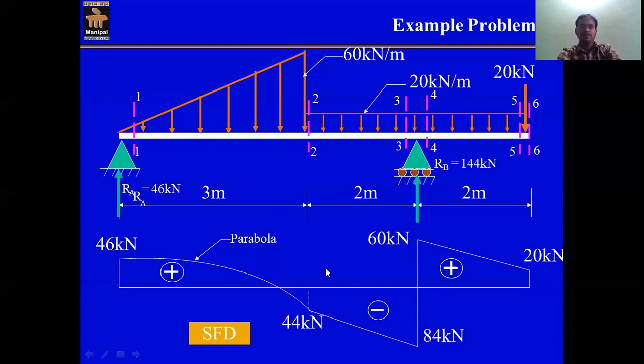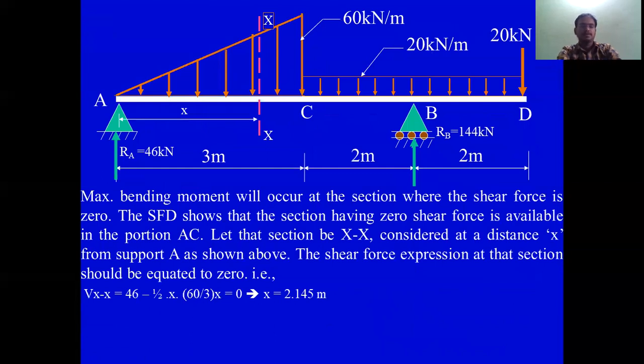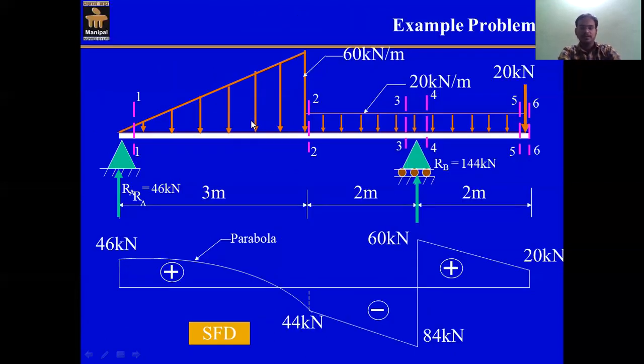So the bending moment will be maximum at this point. We may expect the maximum value at the point. Now, the maximum bending moment will occur at the section where the shear force is 0. So where is the shear force 0? In the uniformly varying load, that is shown previously here. This is shear force 0. So in which section is the shear force 0? During the uniformly varying load, within the length of 3 meters.